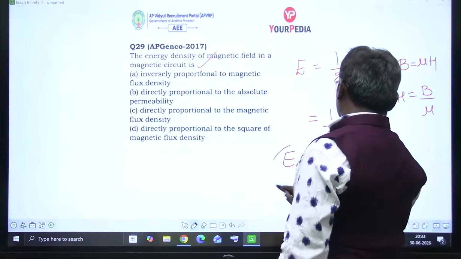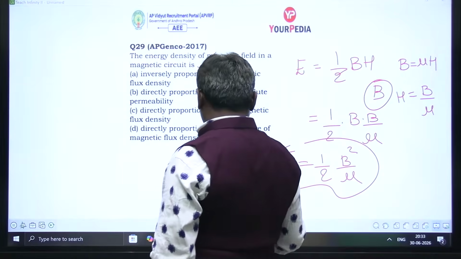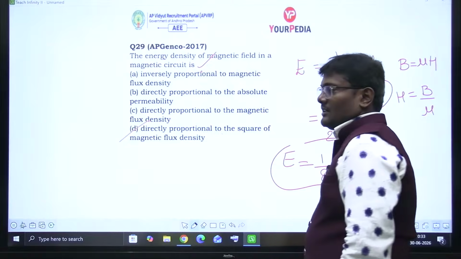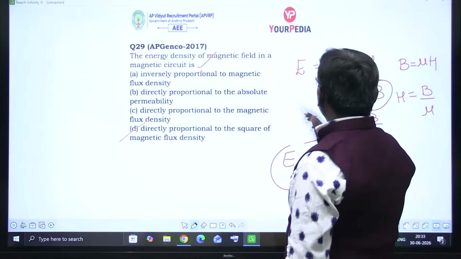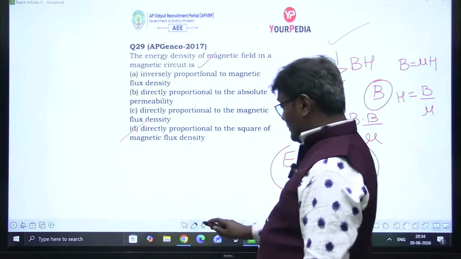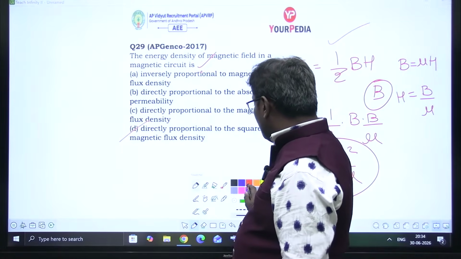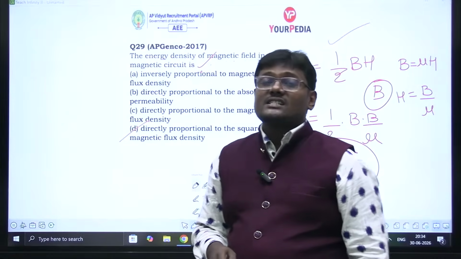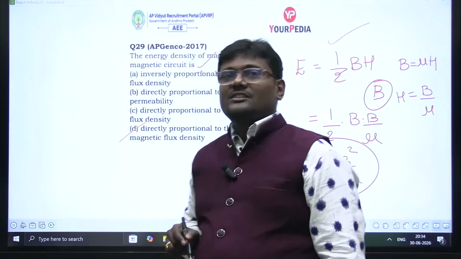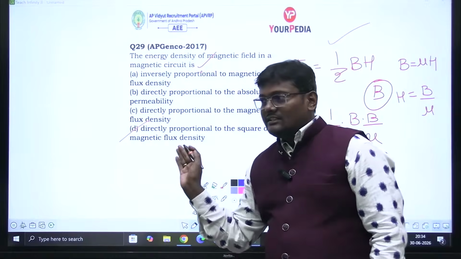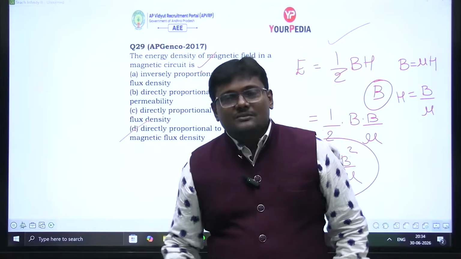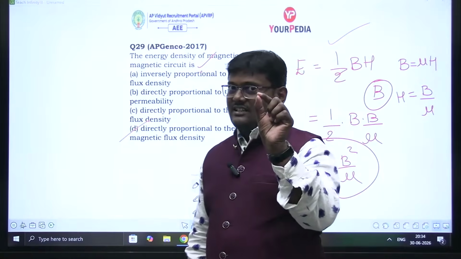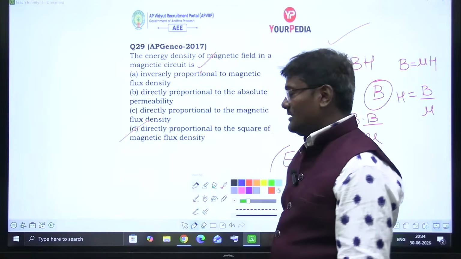So energy is directly proportional to the square of the magnetic flux density. This formula you have to remember. This formula is there in electromagnetic energy conversion, that is the first unit. Most of the students eliminated it because we are all habituated to transformers, DC machines and synchronous machines. But the first chapter of electromagnetic energy conversion is very much important.